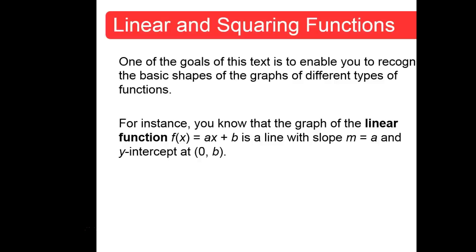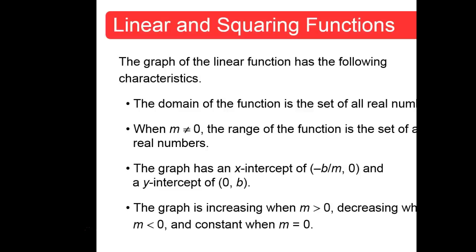Same deal. That's a line where the slope, m, is equal to a, and b is the y-intercept. Actually, the y-intercept is (0, b). It's where x is 0, y is equal to b. That gives you the y-intercept. Okay? We're used to that. Y'all have done it probably for years, okay?